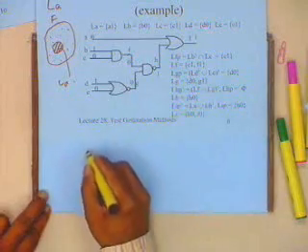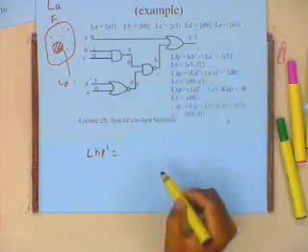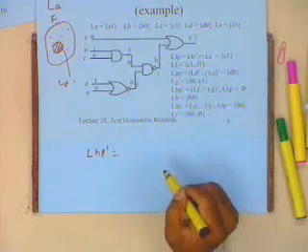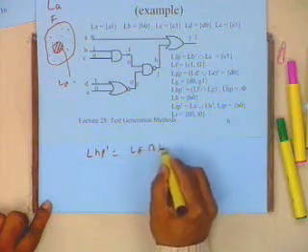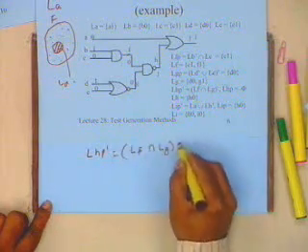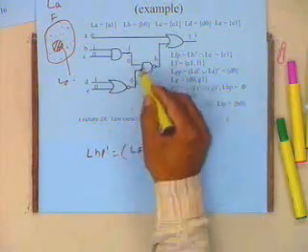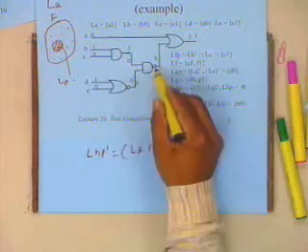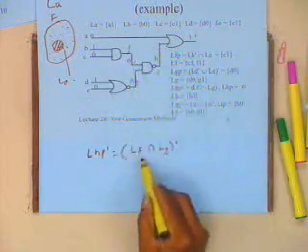So I will write LHP complement because this true value is 1, and I will write LF intersection LG complement. Intersection comes from the AND gate, complement comes from the NAND gate. LF and LG, the true values are both 0, so that's why I don't take the complement.